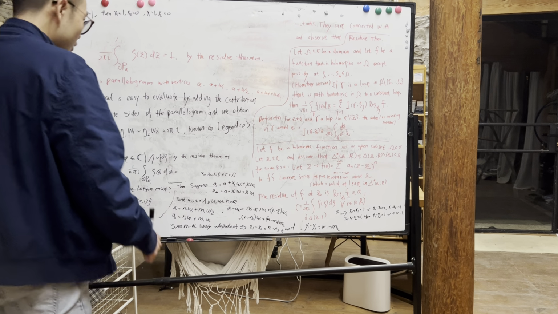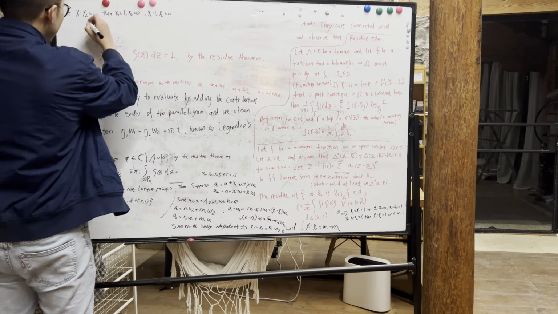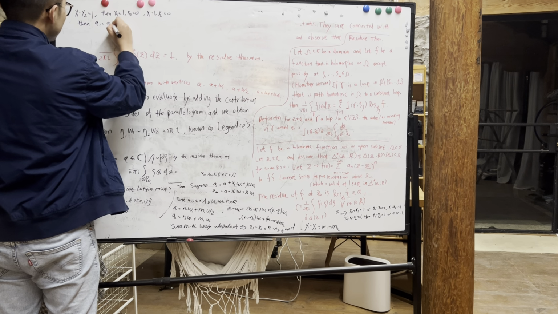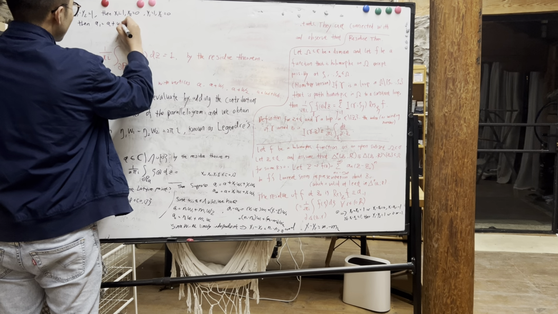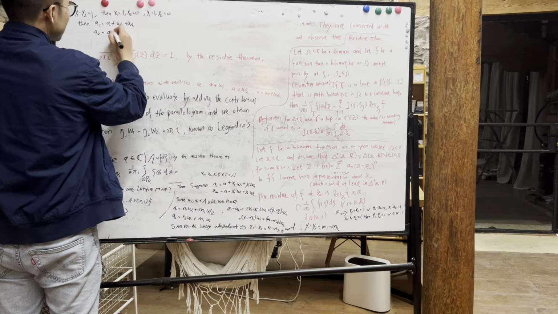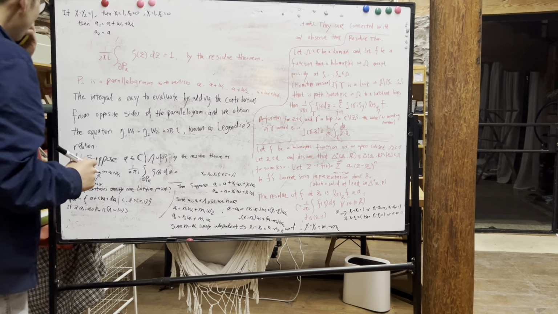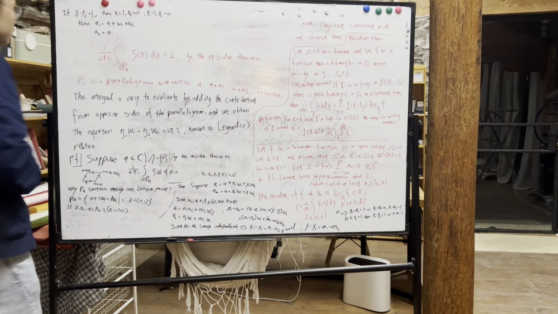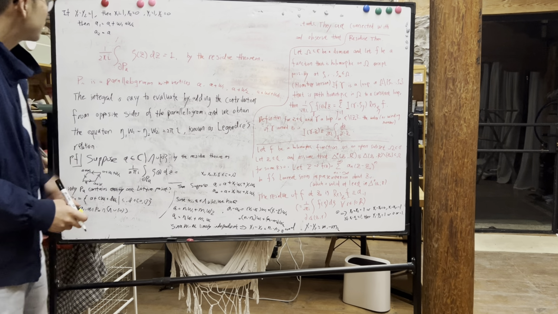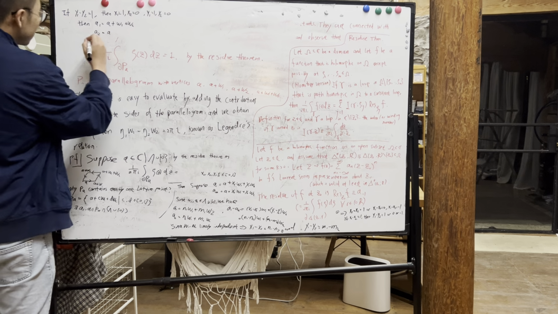So then we have that a1 is equal to a plus omega 1 plus omega 2, and a2 is equal to just a, right? Because x2, y2 is equal to 0, this implies what?